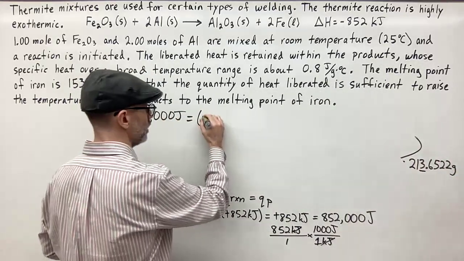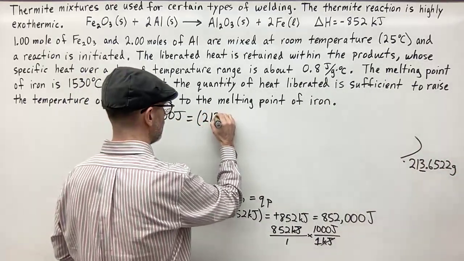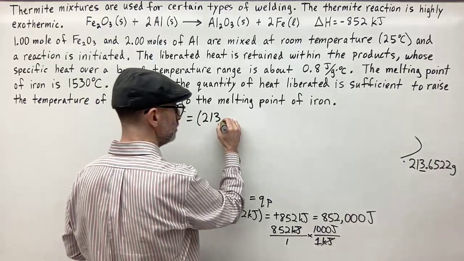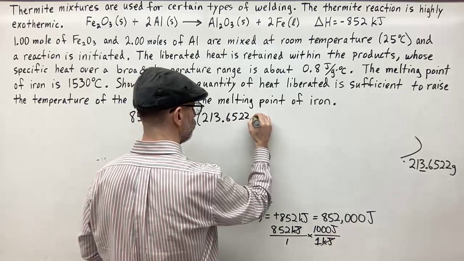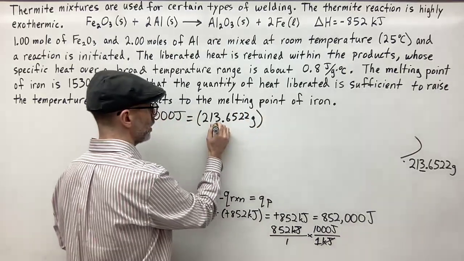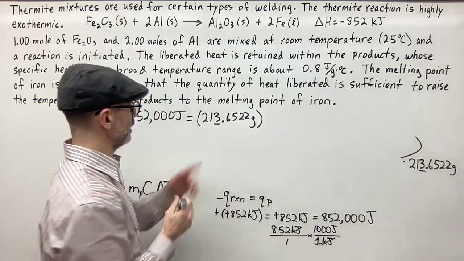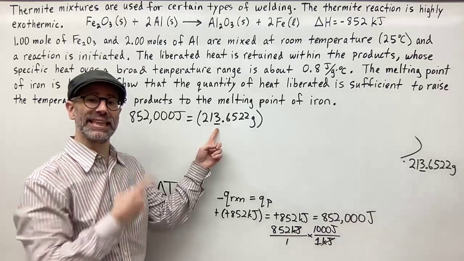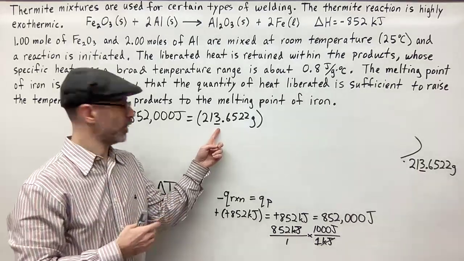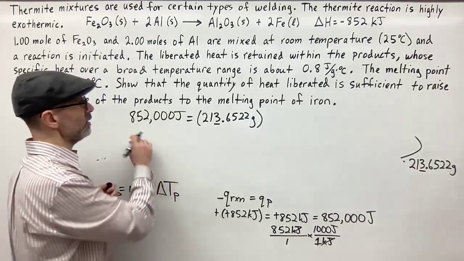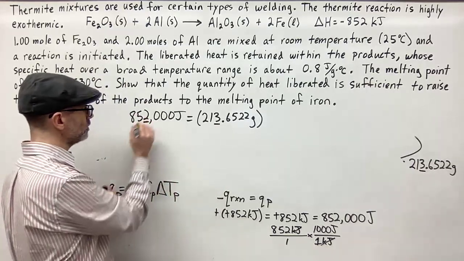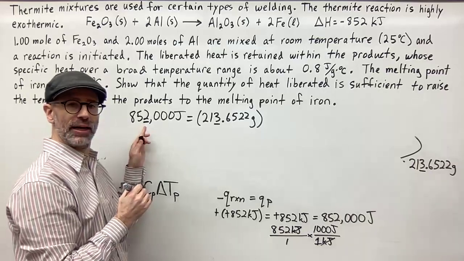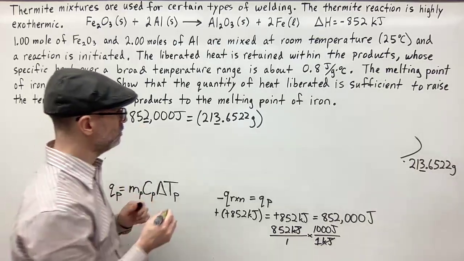So that's going to be 213.6522 grams. Again, I'm going to put a line underneath the 3. That tells me that the last sig fig in this measurement is the 3. And again, since this is 3 sig figs from before, the last sig fig for here ends at the 2.